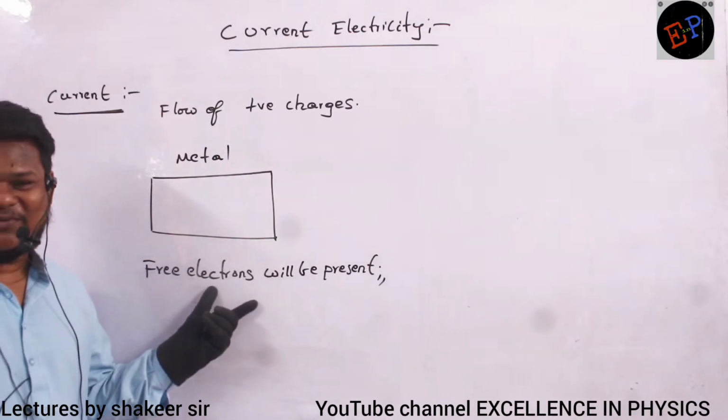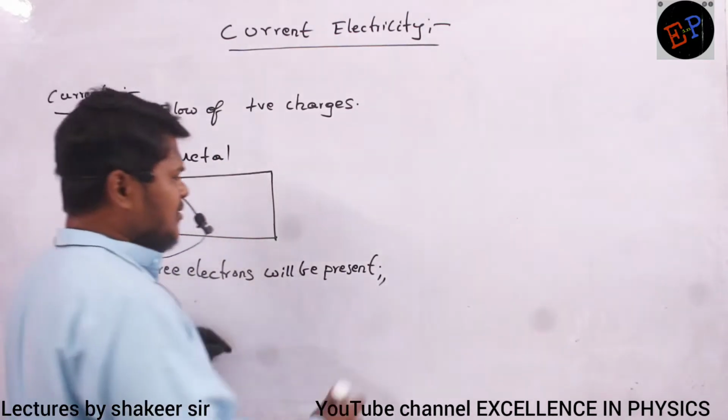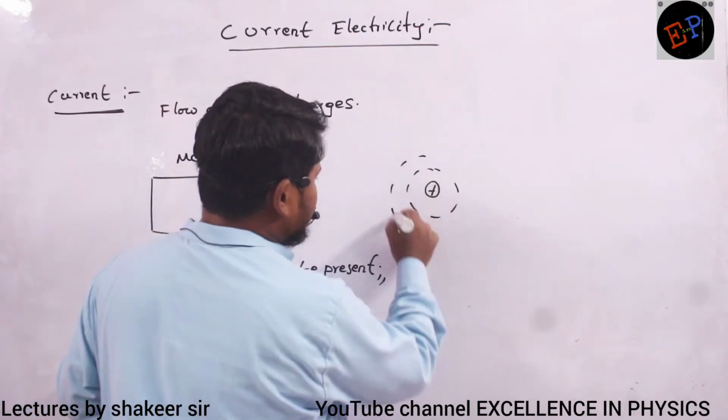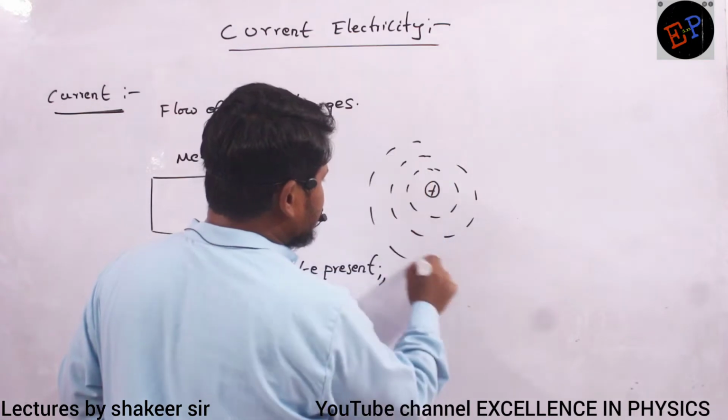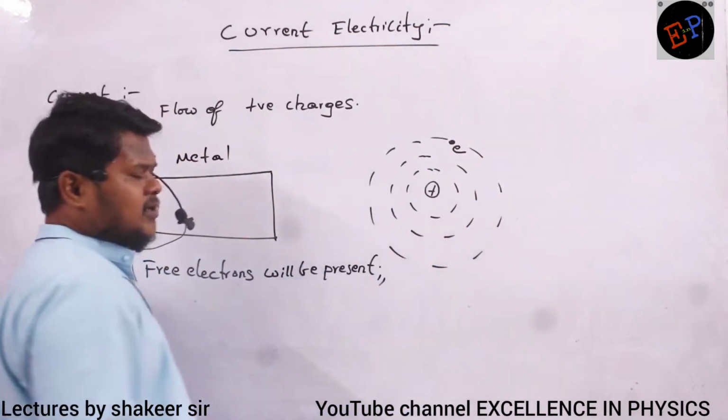Free electrons means what? The electrons which are loosely bound to the atom, they are called free electrons. This is the nucleus, no, ma? So the electrons which are present in the outermost orbital are very loosely bound to this particular nucleus, no?